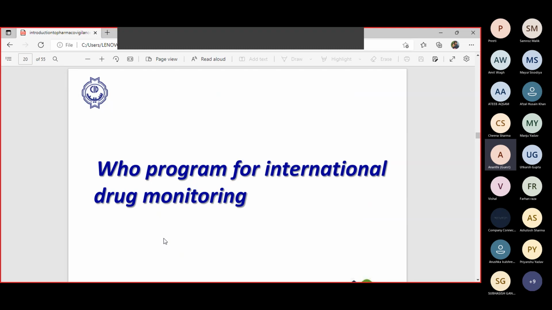So that is why the WHO's program has been initiated. Now all the countries have joined hands with WHO, and all are doing the pharmacovigilance program. The governments are doing the pharmacovigilance program. Zonal, regional, national level pharmacovigilance programs are happening. Zonal means in each and every state, government hospitals are there, right?